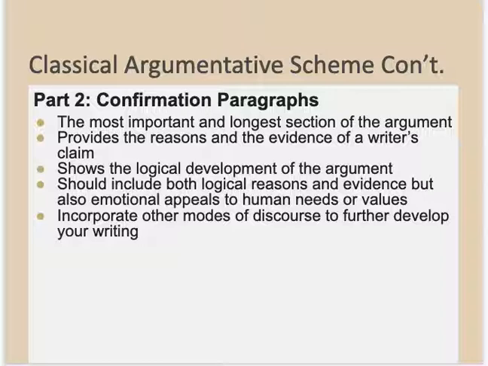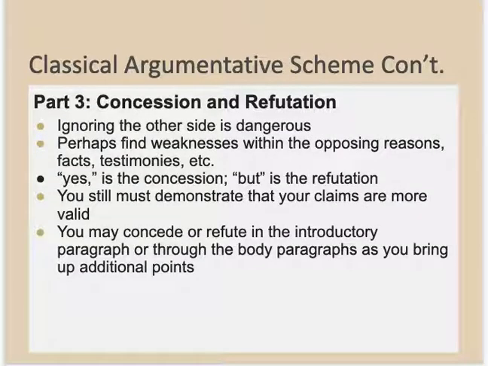It provides the reasons and the evidence that supports why you disagree or agree with the claim being made. So it should show a logical development of the argument, and it should have evidence and emotional appeals as well. You want to make sure that you understand all the different rhetorical strategies that you could use and use them appropriately in that section.